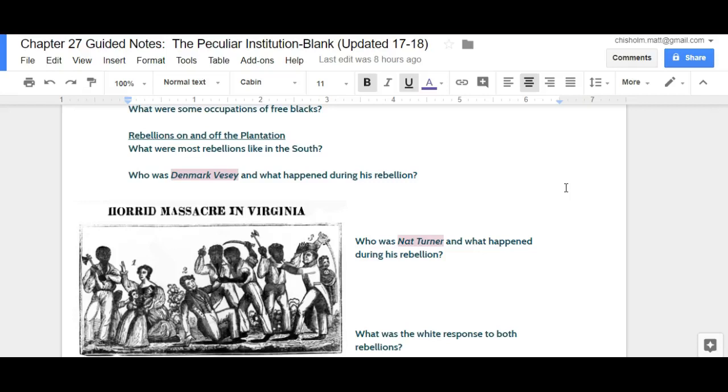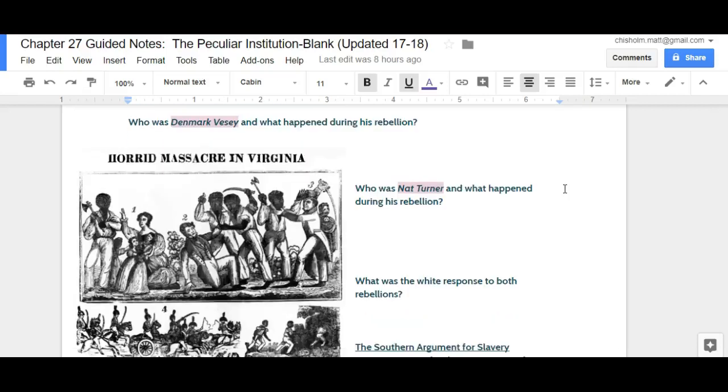And as a free black, he has access to organizing a rebellion. That's exactly what he does. In 1822, he plans on creating this wave of slave uprisings throughout South Carolina. Now, like the other ones, such as Gabriel's rebellion before it, it is found out early and it's put down. 47 other African Americans were put to death because of their involvement.